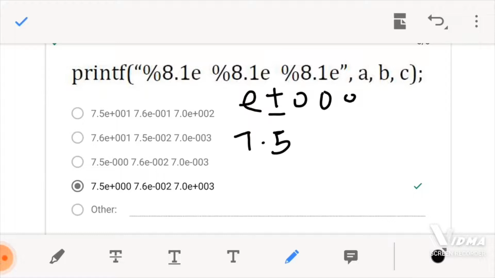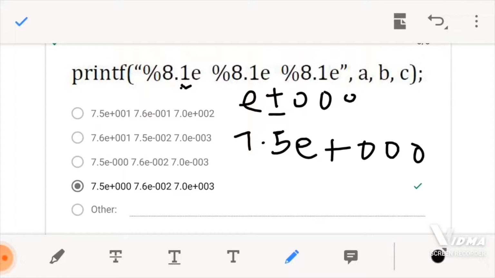But here we have a precision of 1, so we are being restricted to keep the decimal place to 1. So 7.5. Now to the exponent. Here there is no exponent. We haven't done any exponential movement, so it's just plus 0, 0.